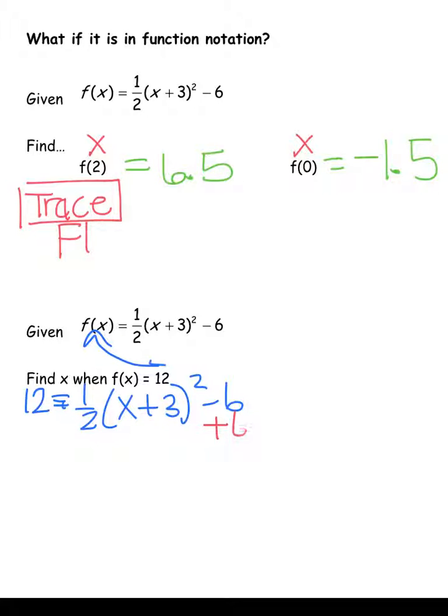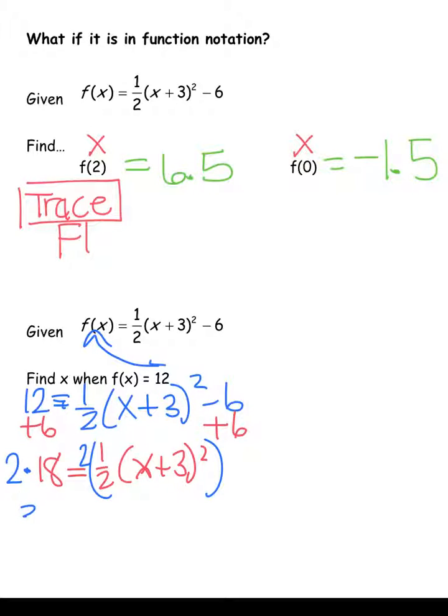Okay, undoing. So we're adding 6, we get 18. All right, here's a tricky one for us. Dividing by 1/2. Dividing by half is actually the same as multiplying by the reciprocal. So multiplying by 2.